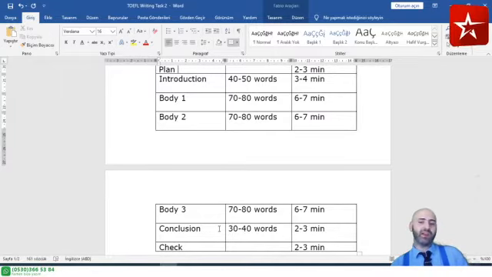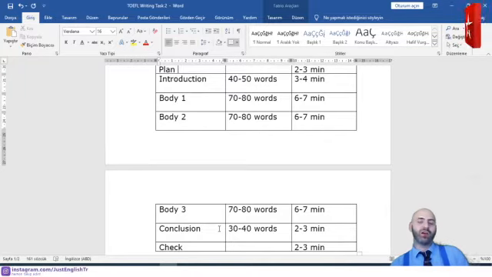The same applies for checking. Maybe you had a plan, but then when you check, you understand that your essay went a little bit different way. Then use this time to change what you originally wanted to write.